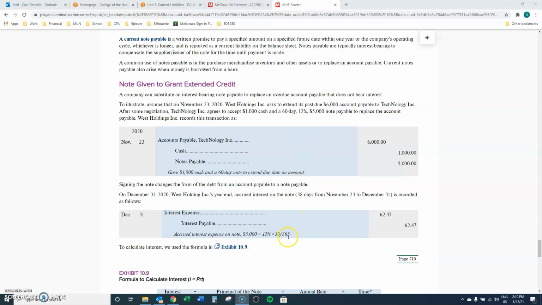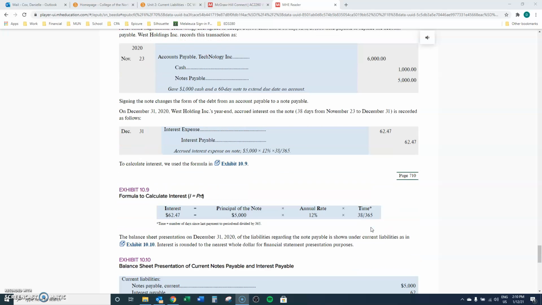So out of 365 days in a year, it was outstanding from November 23rd to December 31st, which was 38 days. So 5,000 times 12% times 38 divided by 365 works out to 62.47. So interest expense is what they incurred, and interest payable, 62.47.